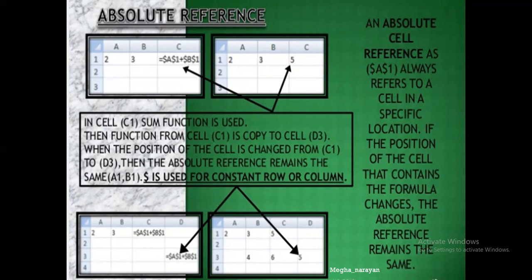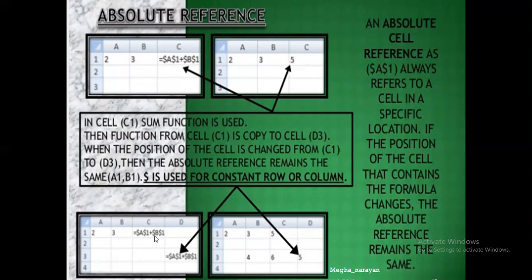Understood? So whenever you use the dollar in this particular format, this cell will remain constant and so will this one. Both of them will remain constant at the same time. A1, 2, B1, 3 added gives the output 5.